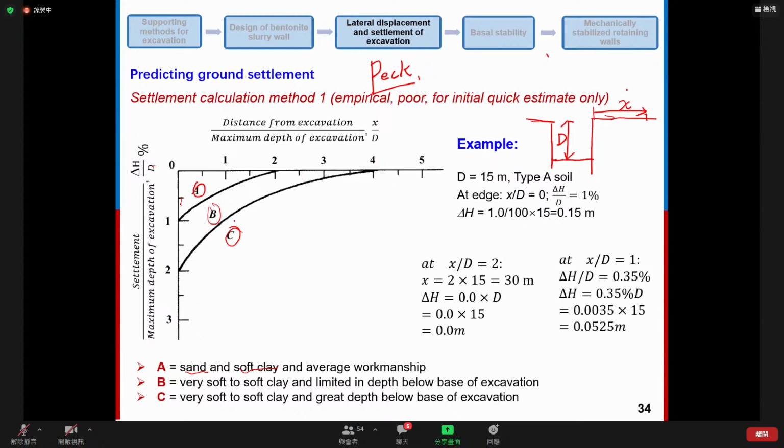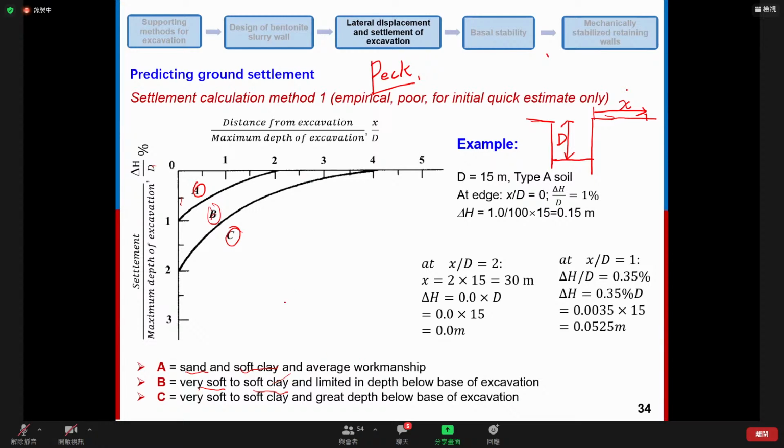Zone B is for very soft or soft clay with limited depths below the base of excavation.